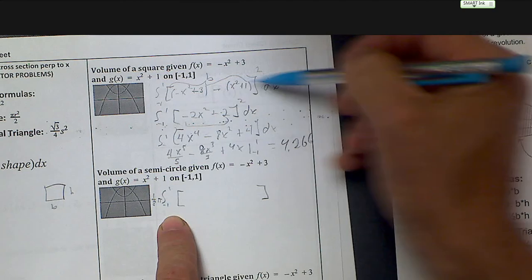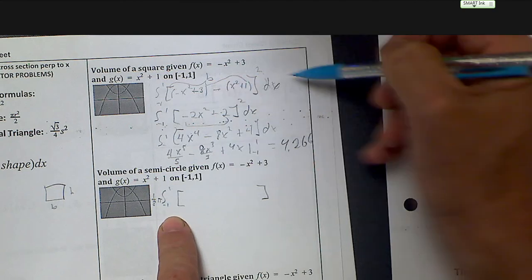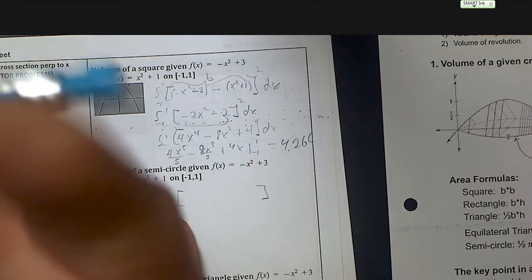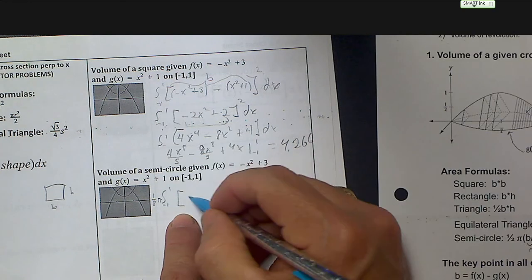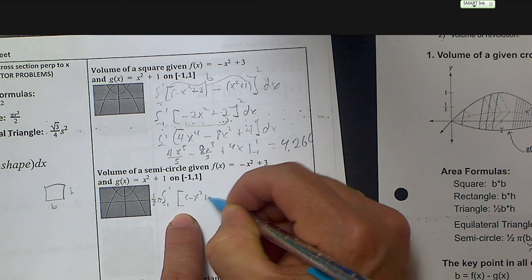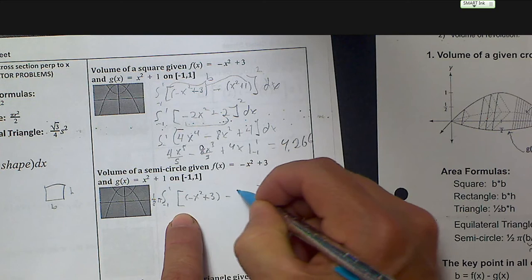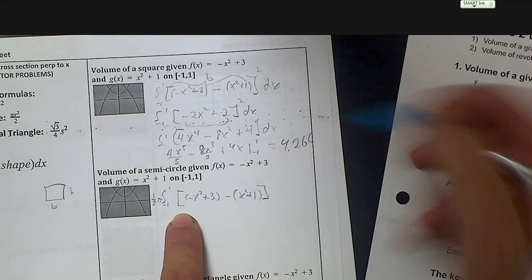Everything you just did. It's still our b. This equation is not ever changing. It's still just the first equation minus the second equation, and because of the math we did down here, it's going to be squared again.